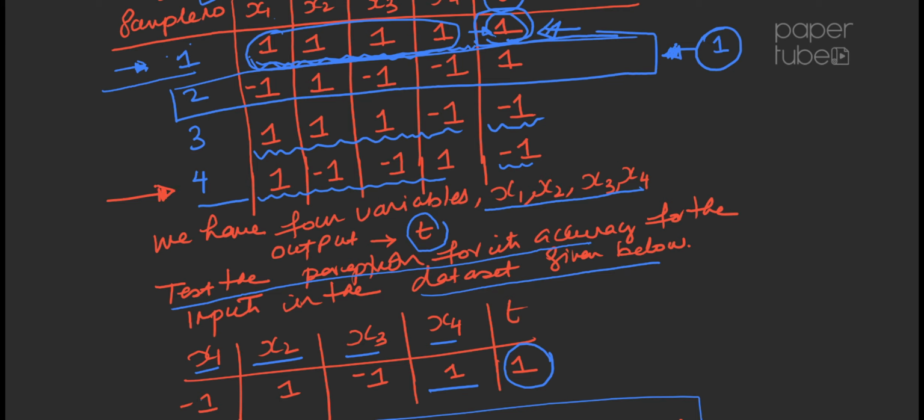Just follow the green line now. So sample 4 is here. So we have the 4 inputs. We have to take this input and use the new weights and the new bias, and then let's check whether it's going to predict the corresponding target minus 1.